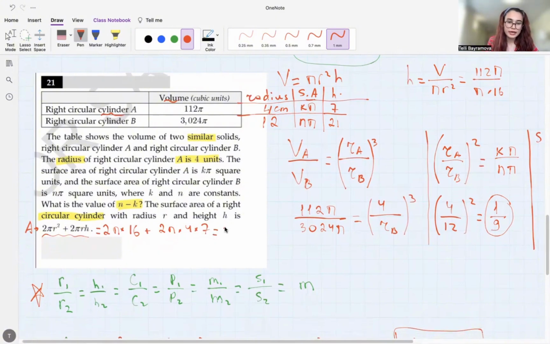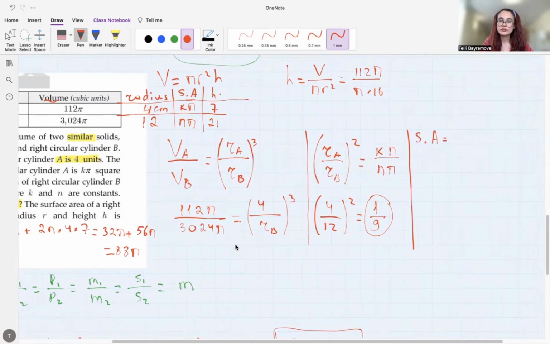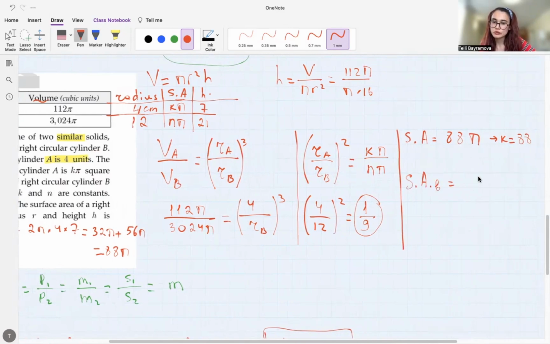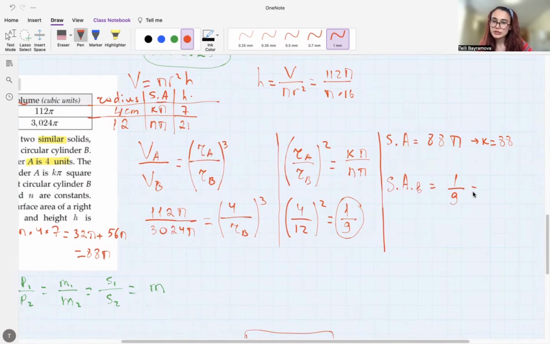Let's find. So 32 pi plus 56 pi, which is 88 pi, is the surface area of A. Surface area of A is 88 pi. It means that K equals 88. Then let's use this ratio and find surface area of B. Surface area of B equals what? 1 over 9 equals 88 over n.